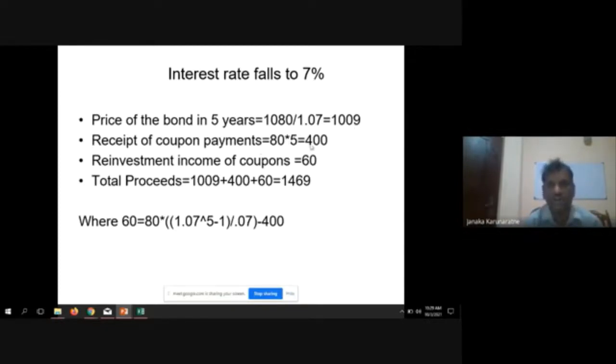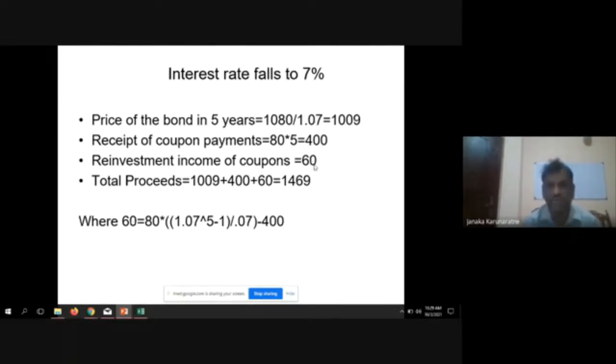A coupon will not vary because over the 5 years, it is fixed coupon, 8%. You will get over the 5 years, 400. Now, interest component, you will not be able to invest at 8%, 7%. So your new reinvestment coupon is only 60. Earlier it's 69.